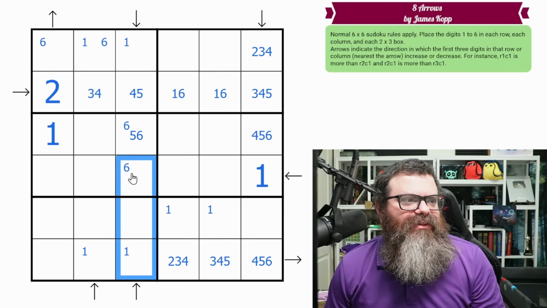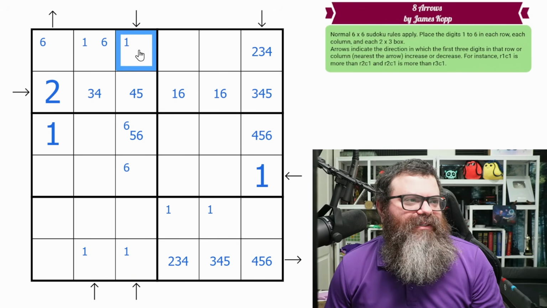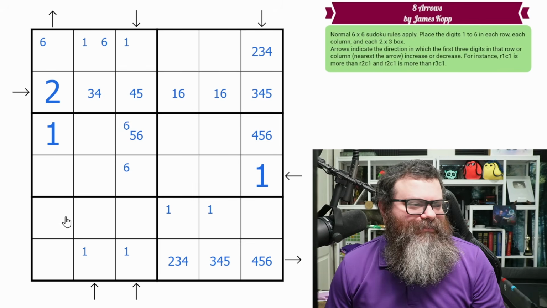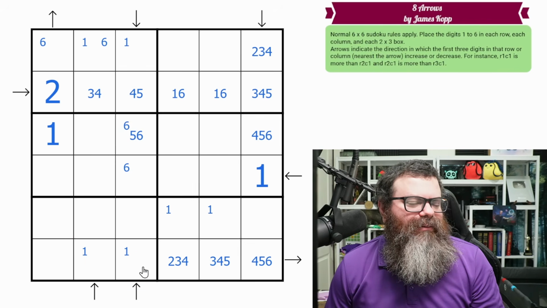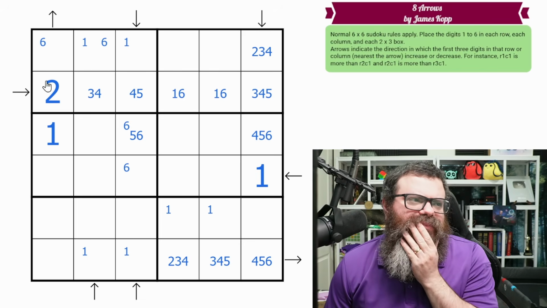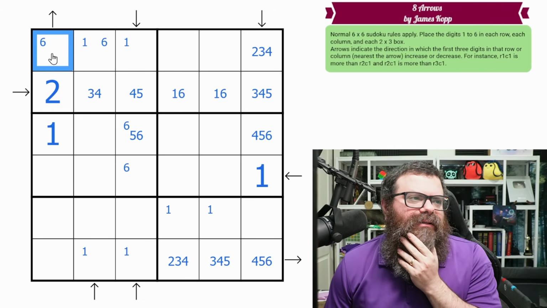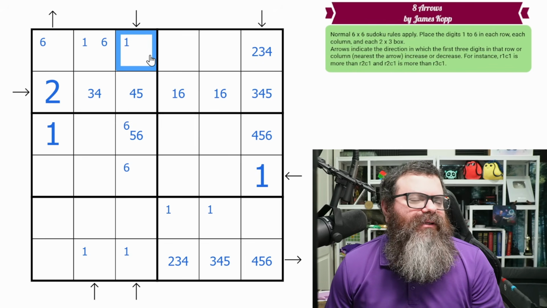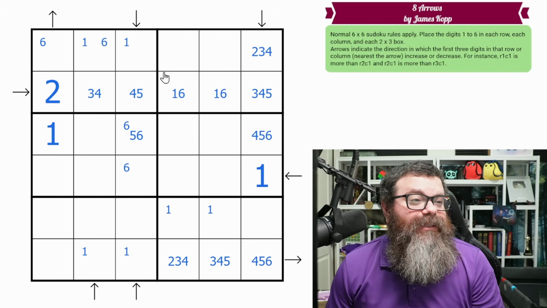It annoys me that 1, 2, 3 is possible here because it doesn't disrupt these enough. Anyway. What am I missing here? 3, 4, 5, 6. 1, 2, 3, 4.